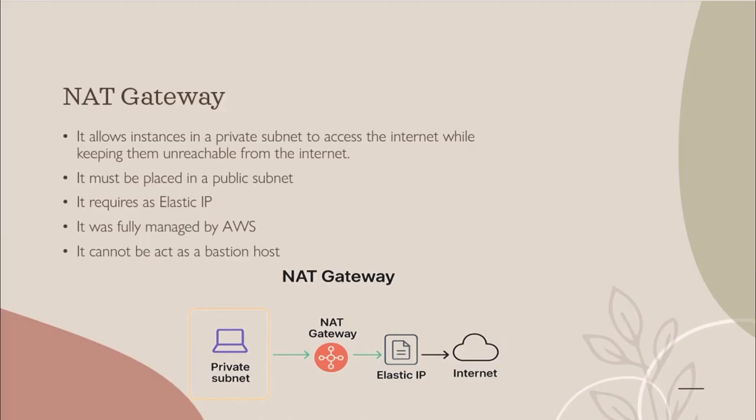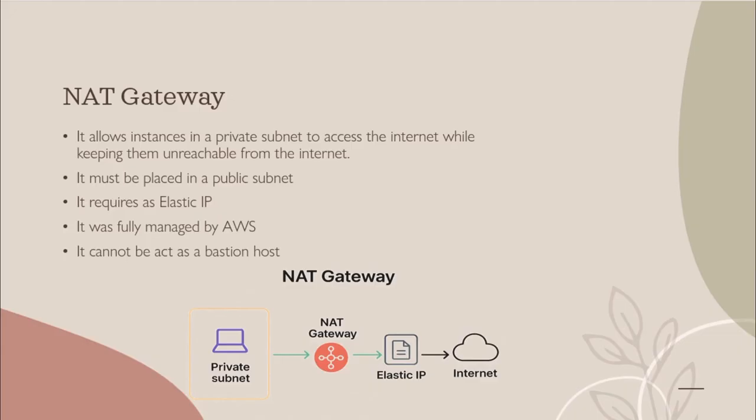So it allows the NAT gateway to reach the internet, and the private subnet's instances can also access the internet through the gateway if the elastic IP is allocated to it. So without the elastic IP, the NAT gateway cannot reach the internet, and it cannot send the outbound traffic also.